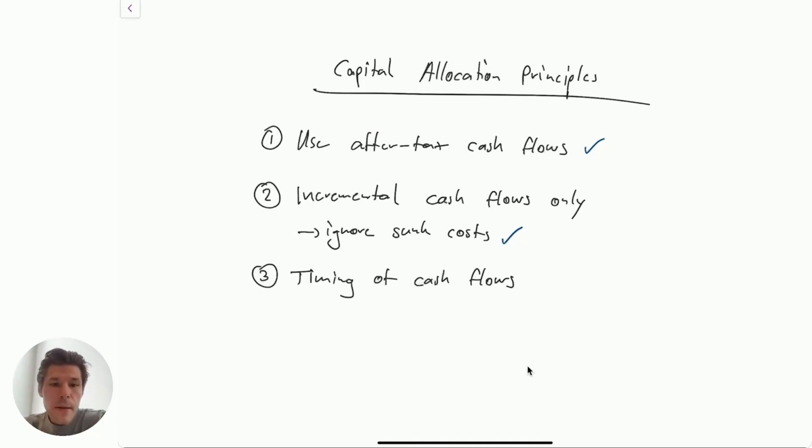Also, only incremental cash flows associated with, for example, a new project or new investment, as compared to without it. You need to ensure that you don't pull in the impact from other projects or expenses or revenue from the firm without the projects.